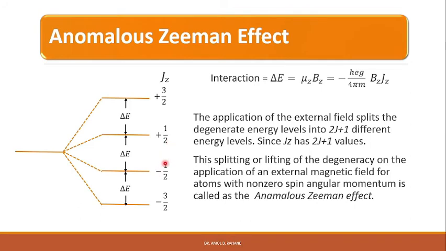So here in this example corresponding to J equal to 3/2, Jz has 2J plus 1, that means 2 into 3/2 plus 1, that means 4 values.